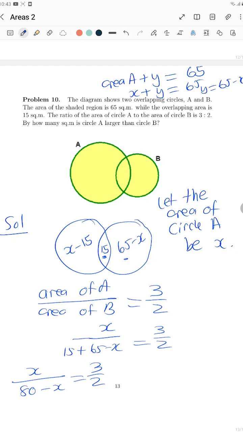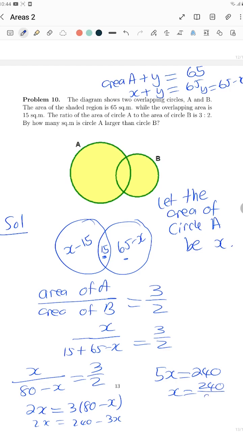And how do we solve this? We cross multiply. If we cross multiply, we get 2x is equal to 3 times 80 minus x. So we get 2x is equal to 240 minus 3x. Getting the x's by itself, we get 5x is equal to 240. So x is equal to 240 over 5.